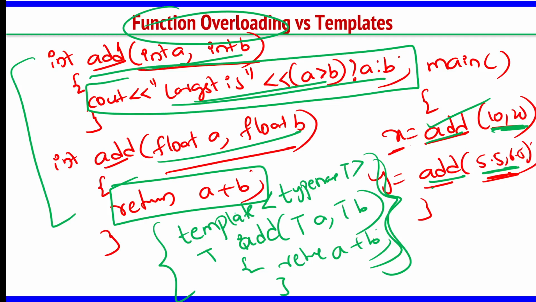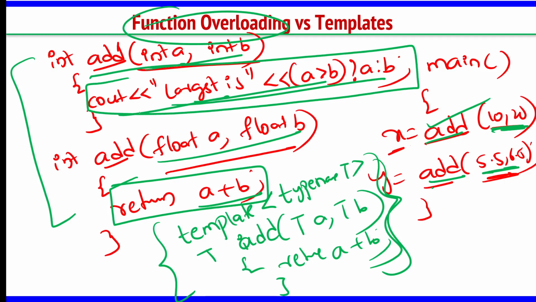This is a very important point. We cannot blindly convert overloaded function definitions into a template. You can convert those overloaded functions into templates only if the body of each function is doing the same task. If it is returning a plus b here, and here also returning a plus b, then you can convert that to a template, but not if they are doing some other task inside the function.